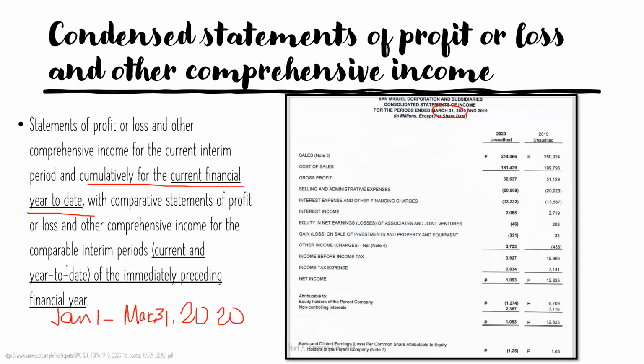Then, sabi po, it should be comparative with the statement of profit or loss and other comprehensive income for the interim period, no, of the immediately preceding financial year. So, unlike with the statement of financial position that we used as point of reference kanina is the ending of the year, no?